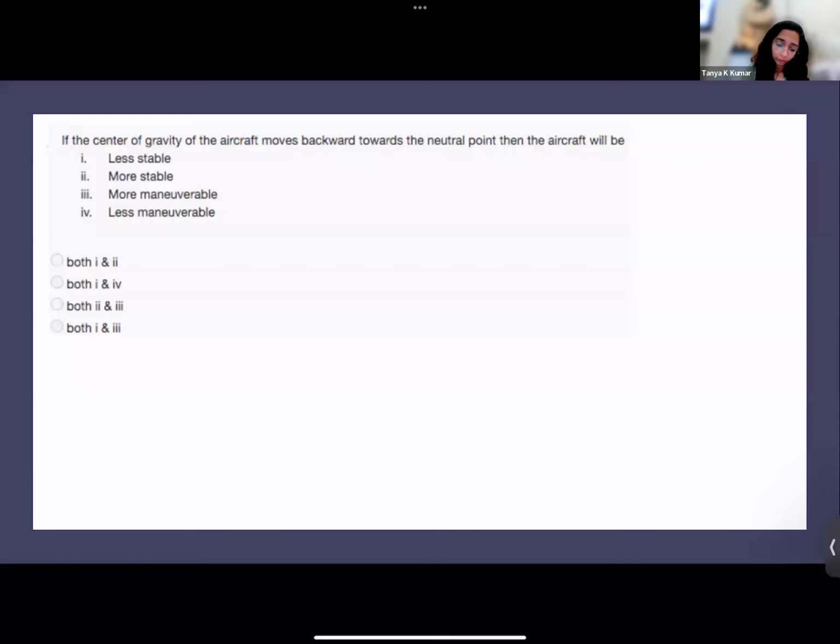So if I draw the fuselage reference line and say this is the neutral point, and this is your CG, the question says, if the CG moves towards the neutral point, what will happen? Just look into it and try to get it. Less stable. Okay. Yes, less stable.